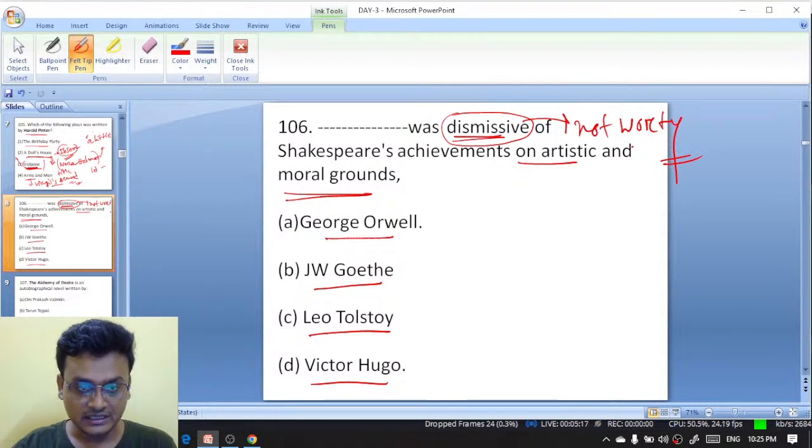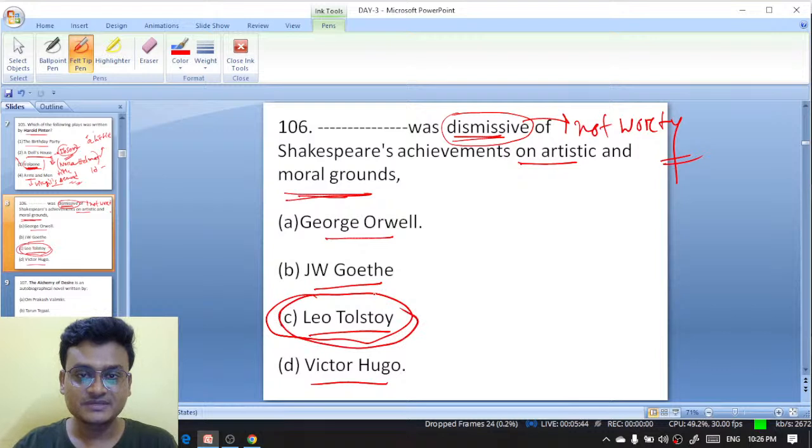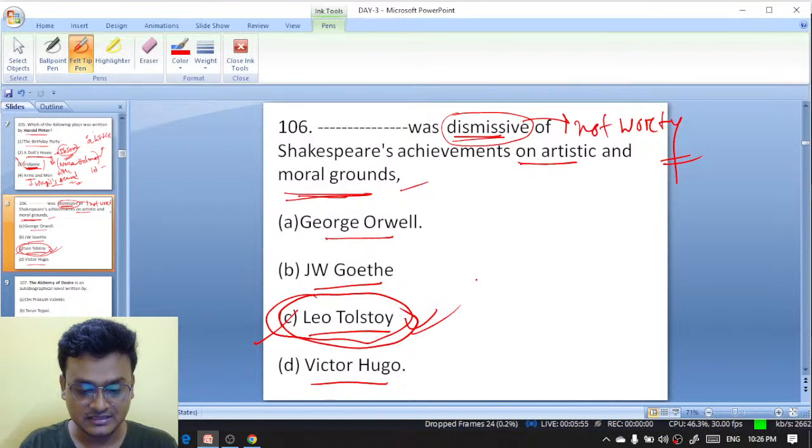So what would be the right answer here? It was Leo Tolstoy. Lavanya, exactly right. It is Leo Tolstoy who was dismissive of Shakespeare's achievement on artistic and moral grounds. Exactly, it is C.